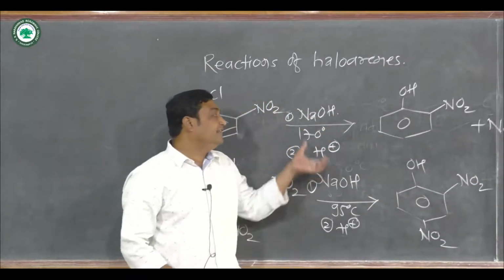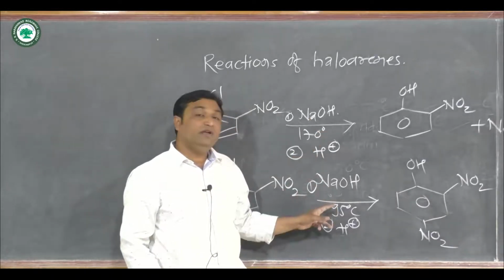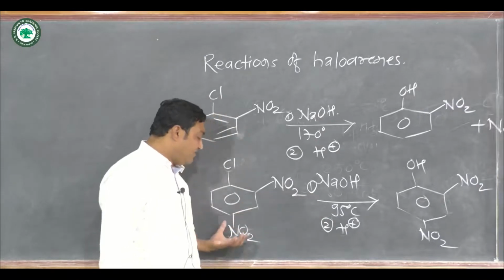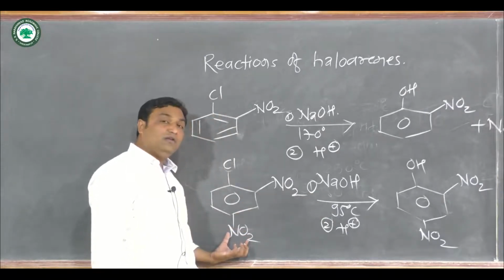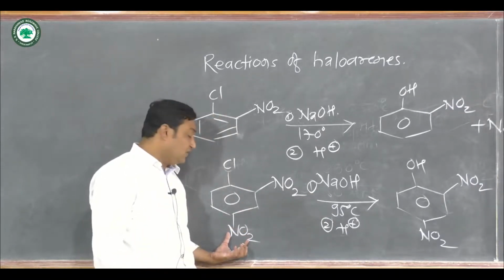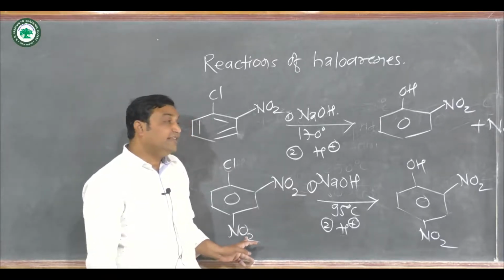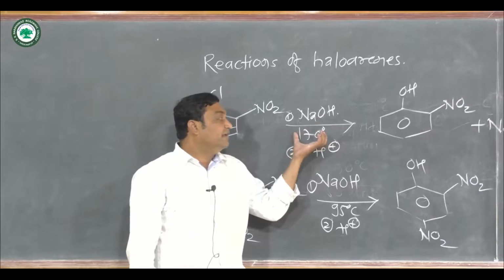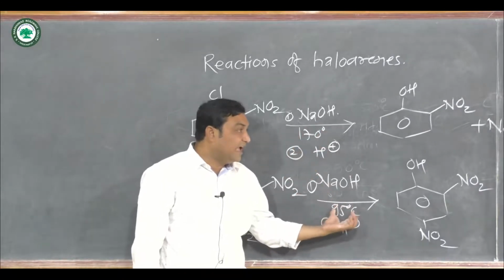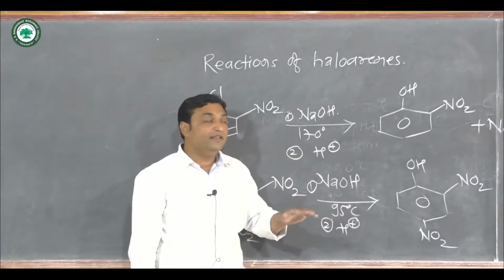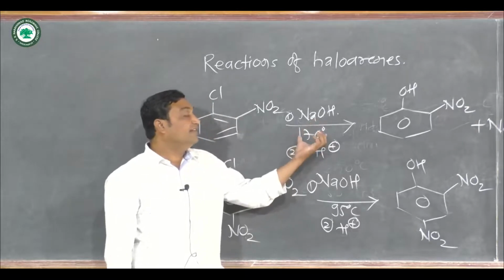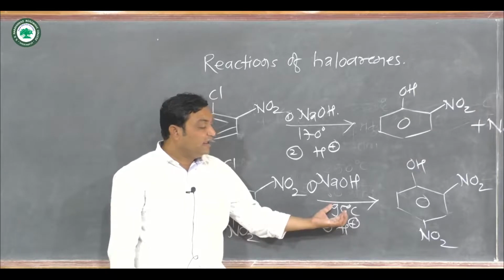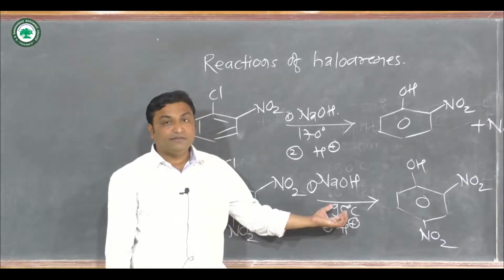When we look at both the conditions, we know that as one extra electron withdrawing substituent is added to these haloarenes, the temperature of the reaction will obviously decrease. This reaction is carried out at 170 degrees Celsius, whereas this reaction is carried out at 95 degrees Celsius.